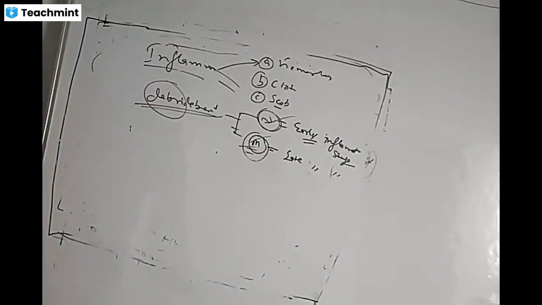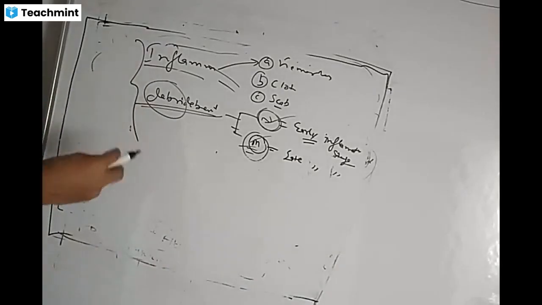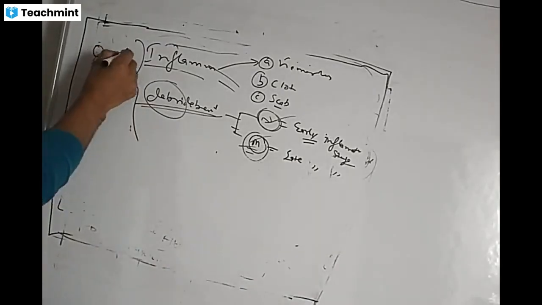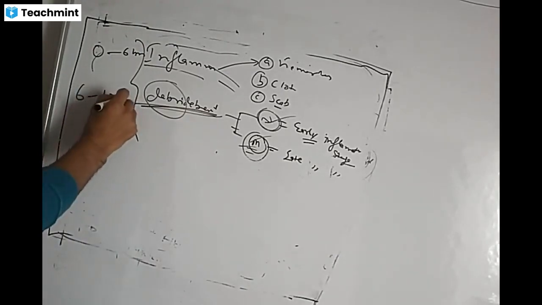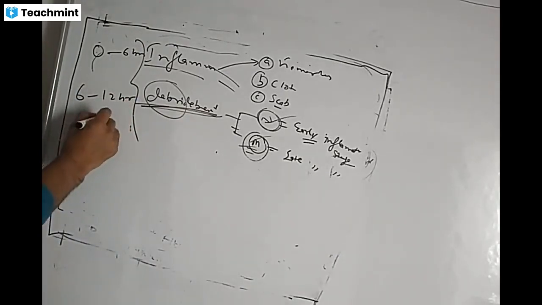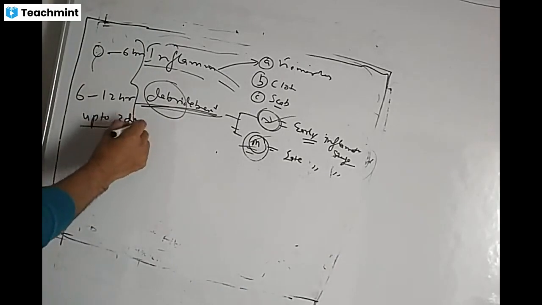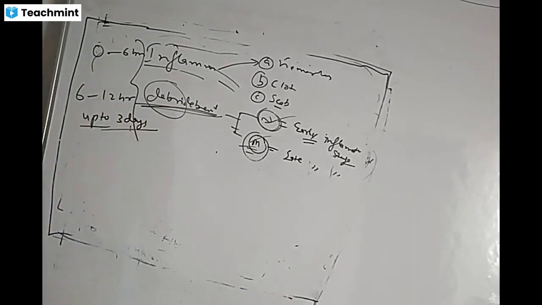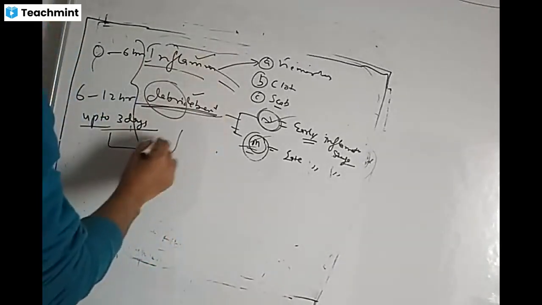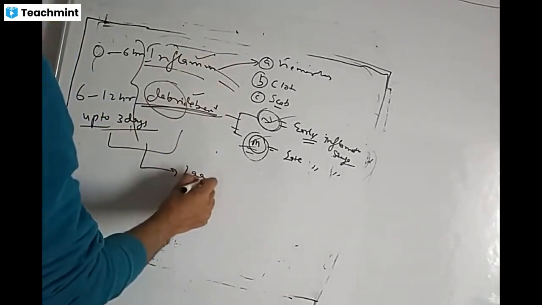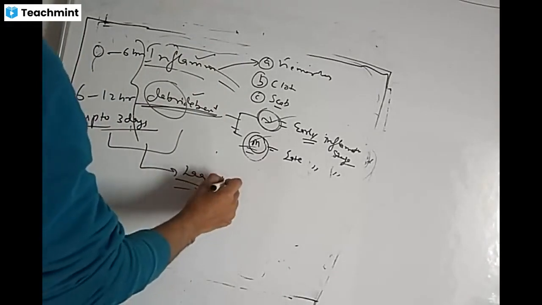But up to this stage, this phase was 0 to 6 hours, and this debridement was 6 to 12 hours, but up to 3 days. So in the books, it is given that inflammation and debridement both form lag phase.